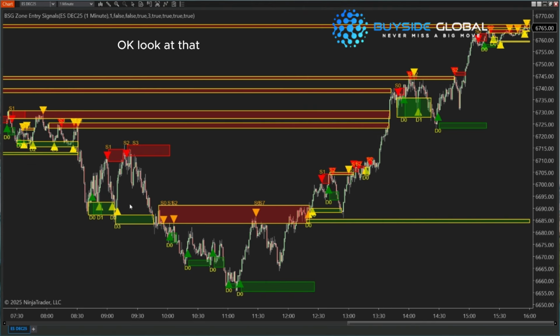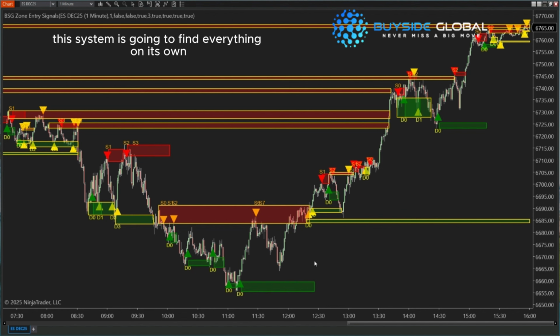Okay, look at that. It's beautiful. Remember that I drew the levels here and levels here. It is able to give you the yellow circular arrows as signals. You can see supply, demand, another short red zone down here. It gave you the long trade from here all the way out.